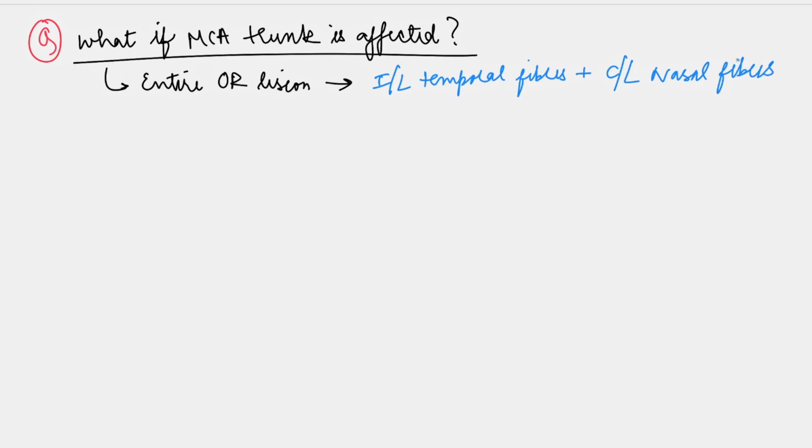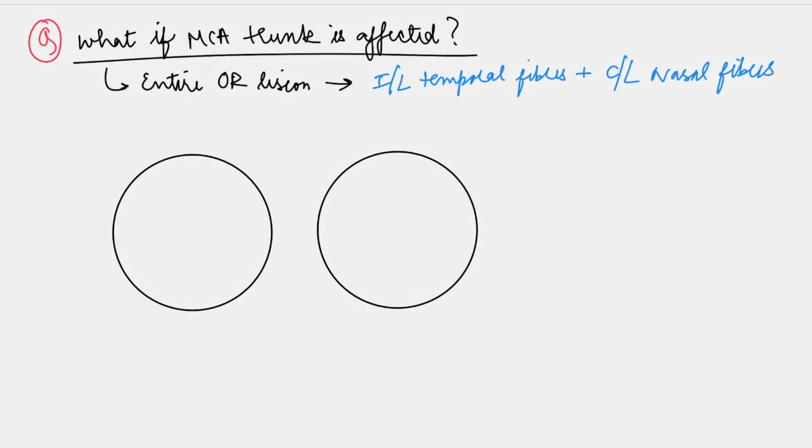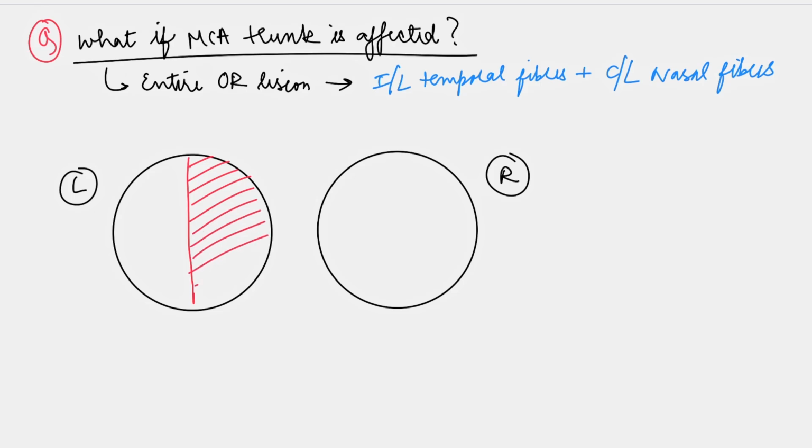Now, this sounds oddly familiar. We saw a similar defect when we were talking about PCA stroke, wherein you'll have a contralateral homonymous hemianopia.